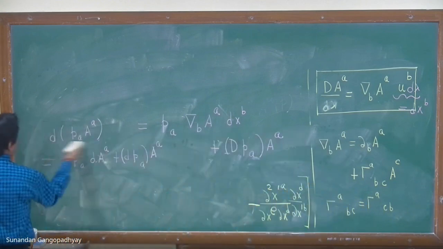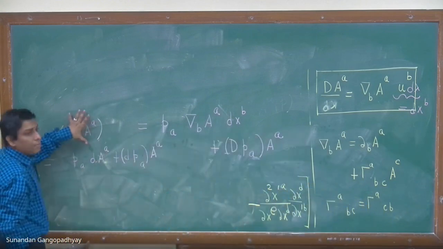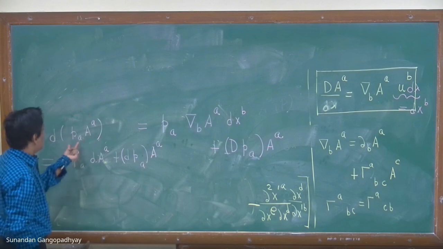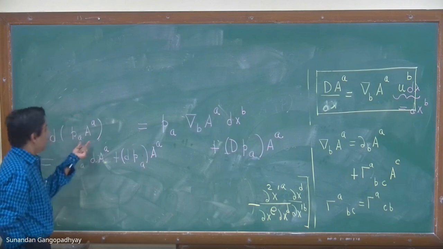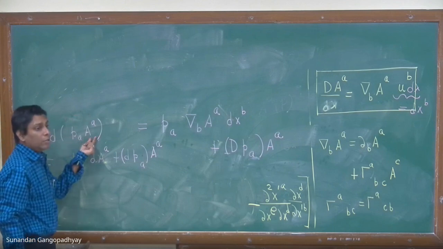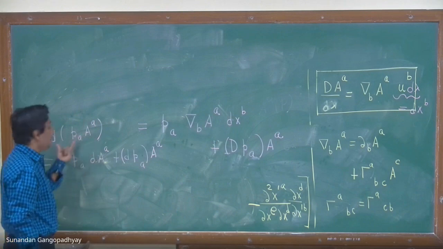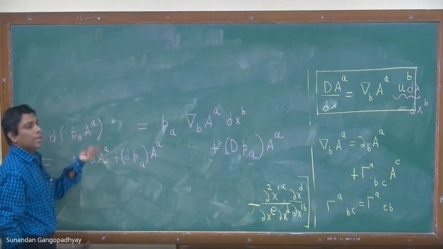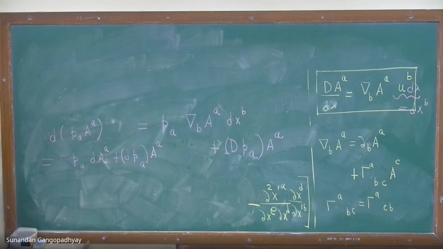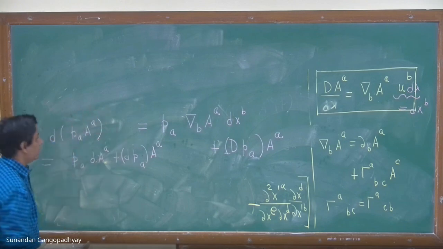Because we have already shown that this, suppose this was f, u^a, which was df by d lambda, transforms like a scalar. So I can replace capital D with small d.